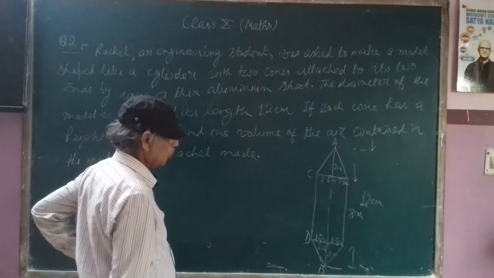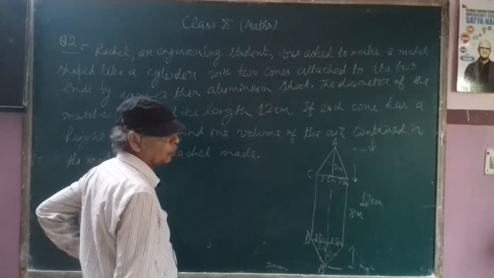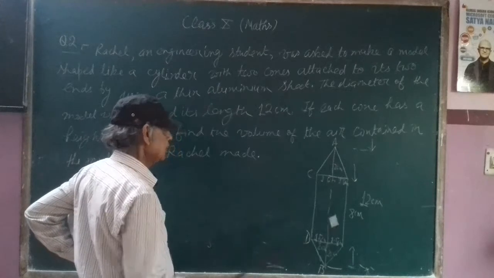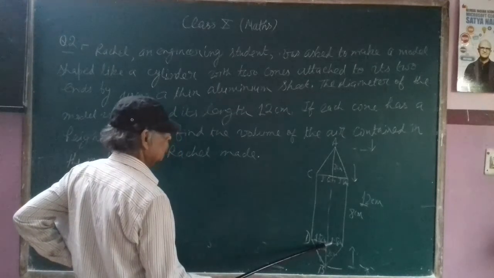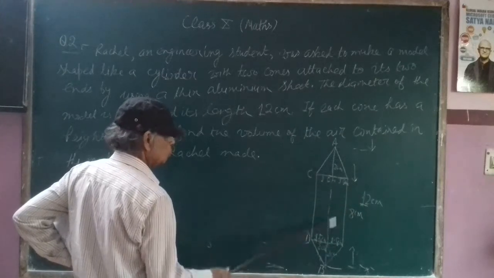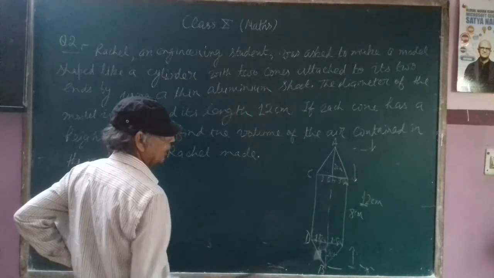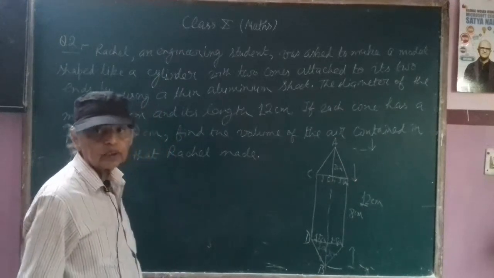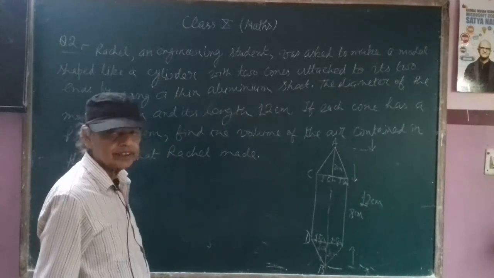If you subtract 2 plus 2, that is 4, from 12, you will get 8 centimeters. That means the height of the cylindrical portion is 8 centimeters, because the remaining length is 8.